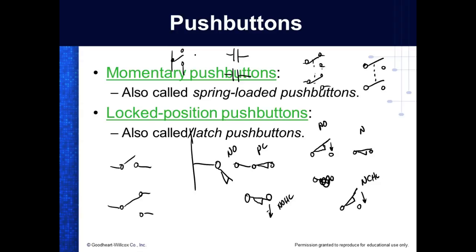Does that make sense? Then the forward button is a double pole, single throw. But I can wire them together and make them appear to be a double pole, double throw. If you put a jumper between the left side.